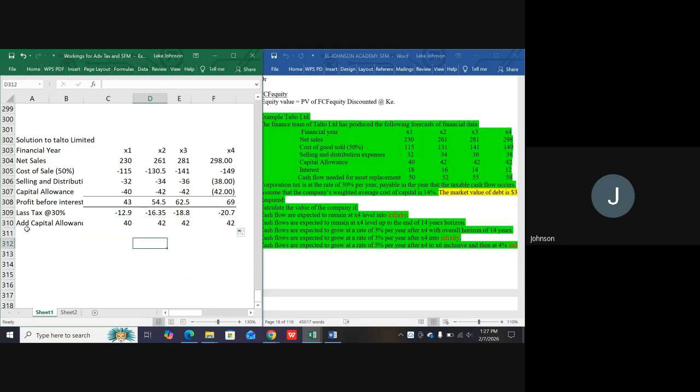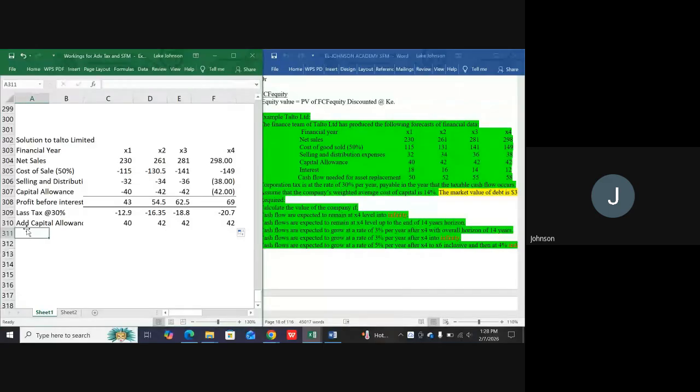Now, the next thing you want to do is ask yourself, do I have working capital? Did they give me any information about working capital? So let's check the question. They say incorporation tax is at the rate of 30% per year, payable in 1 year, payable in the year that the taxable cash flows occur.